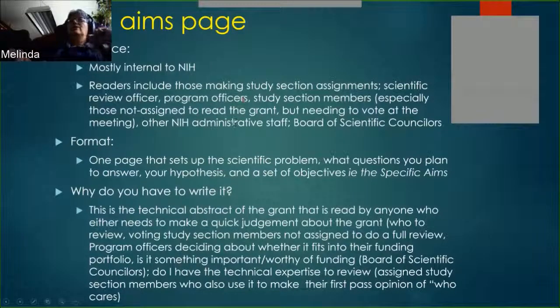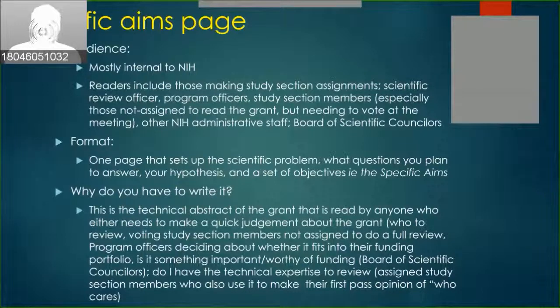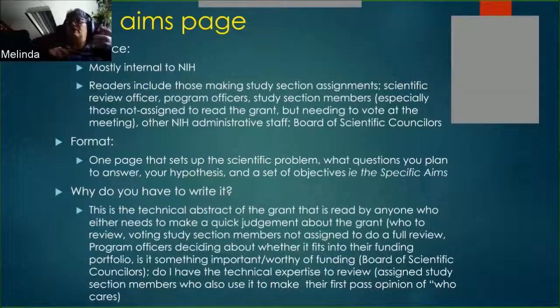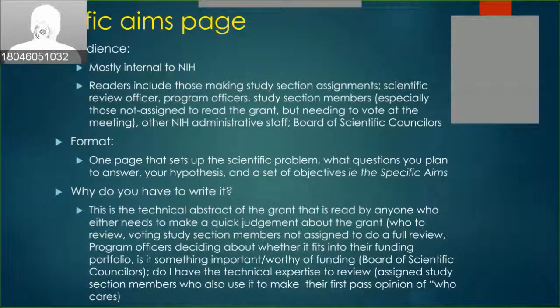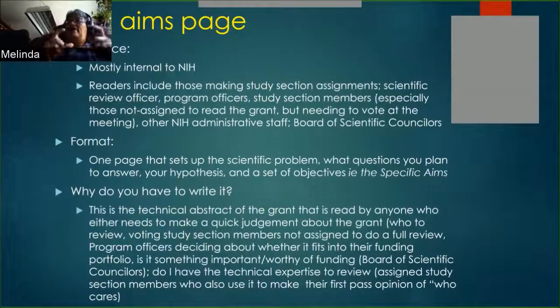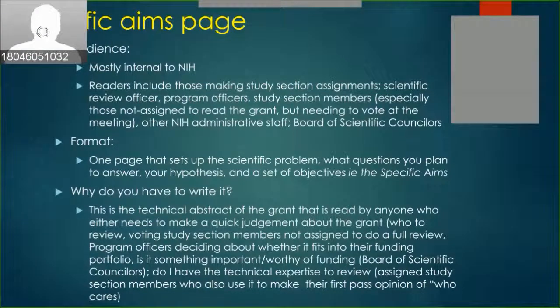Okay. Now, the other thing, audiences that will read this are the scientific review officer. If it goes to the Center for Scientific Review, that's the person who handles the review process. They assign the reviewers, they organize the meeting, they handle the whole review, and they are the ones that develop the summary statement, which is the description of how the review went.